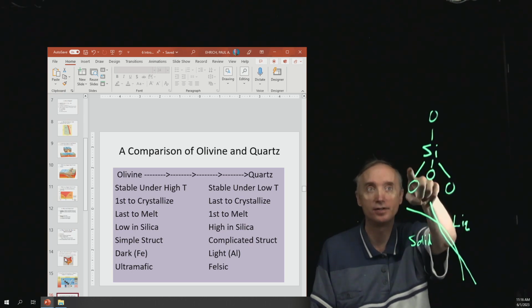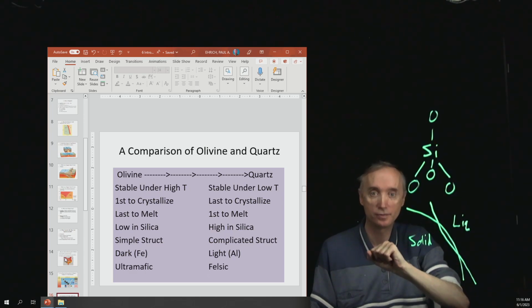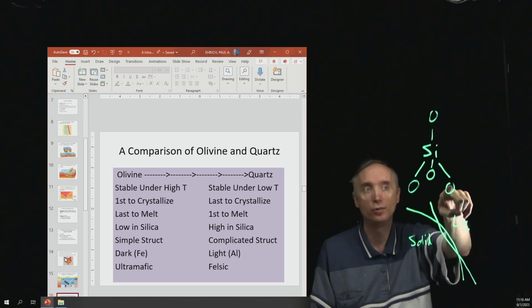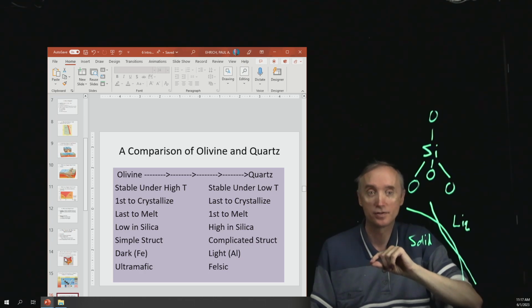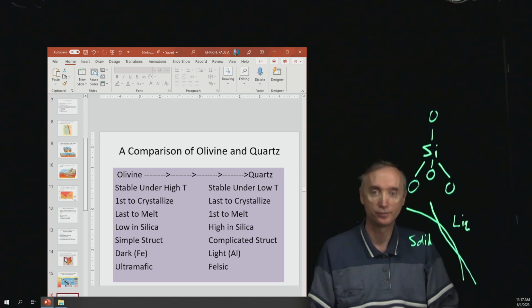Olivine consists of very simple structures, isolated silica tetrahedrons, whereas quartz is very complicated. In quartz, every one of these oxygens is hooked onto another silicon, so it has a complicated three-dimensional structure.